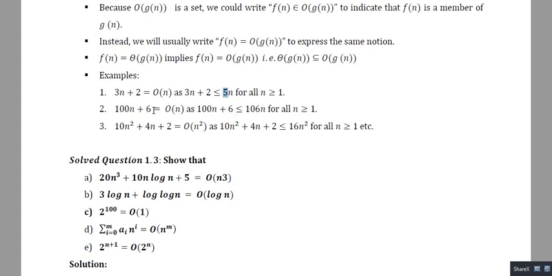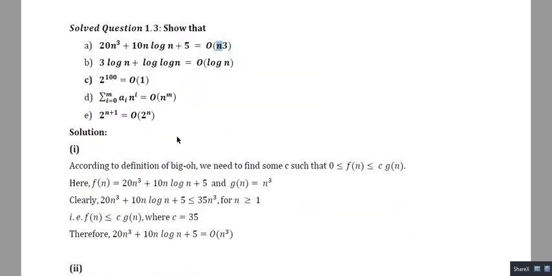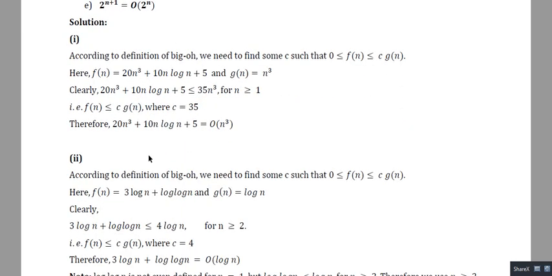So similarly you just go through all these examples. Here it is a printing mistake, it will be order of n cubed. Just mark it. So just go through all these examples. For big O notation, once again I am telling you, f(n) should always be less than or equal to c into g(n). Target is to find some suitable values of c.